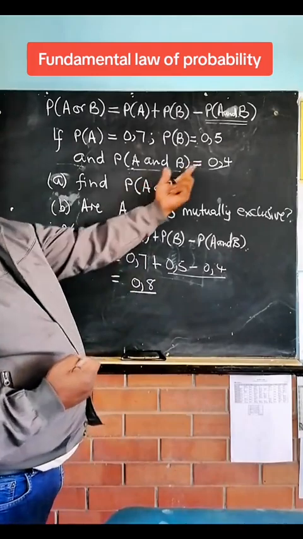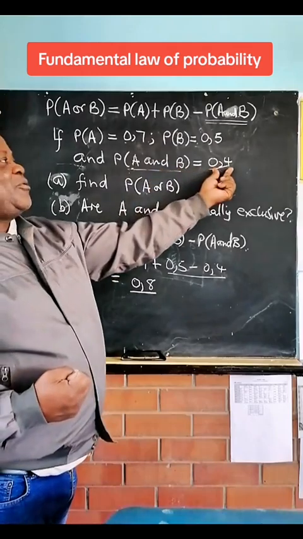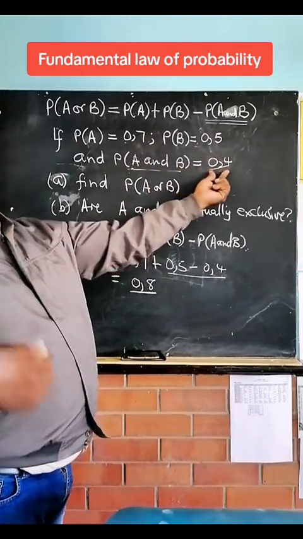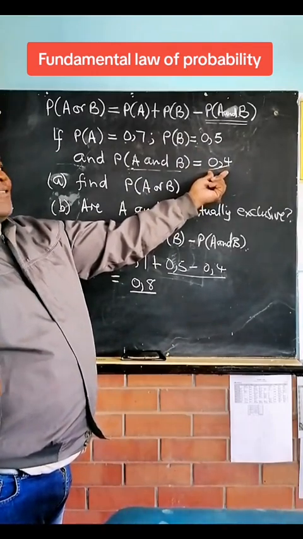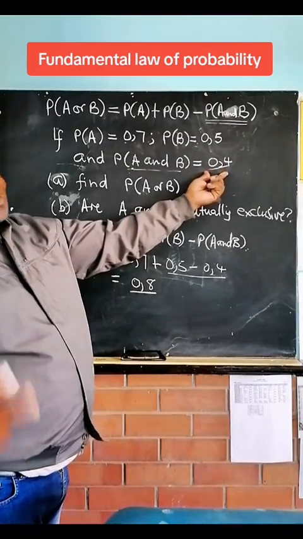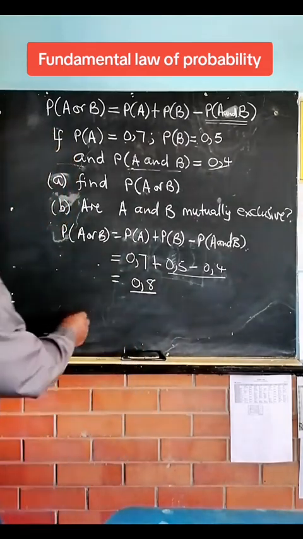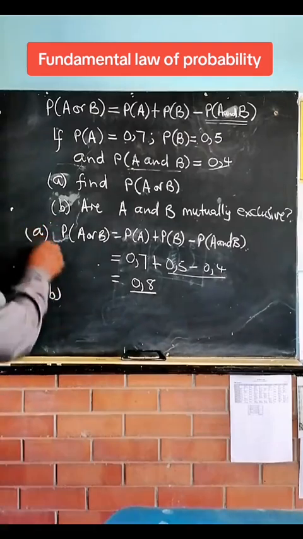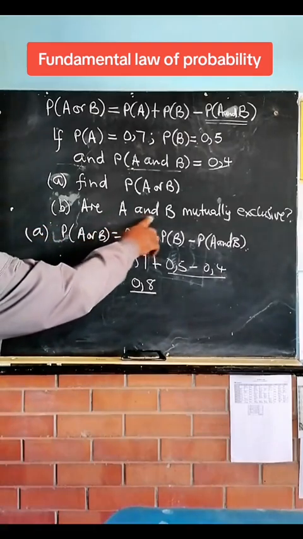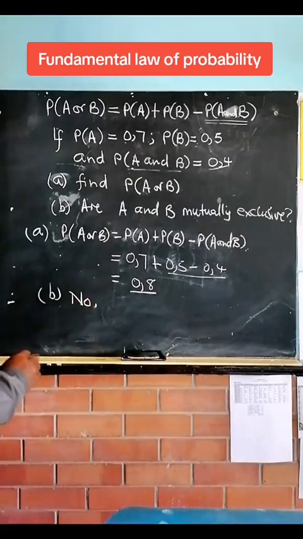But as we are given in the question, probability of A and B is 0.4, which means there is something shared between A and B, and therefore the events cannot be mutually exclusive events. So the answer to B, are A and B mutually exclusive? No.